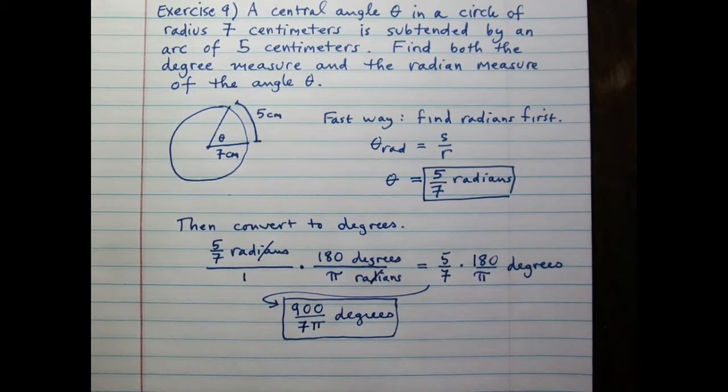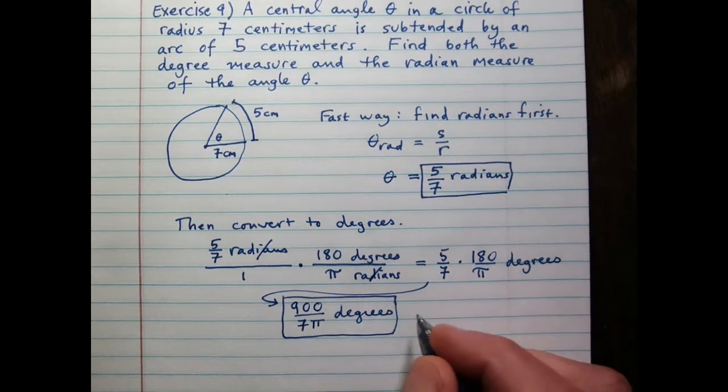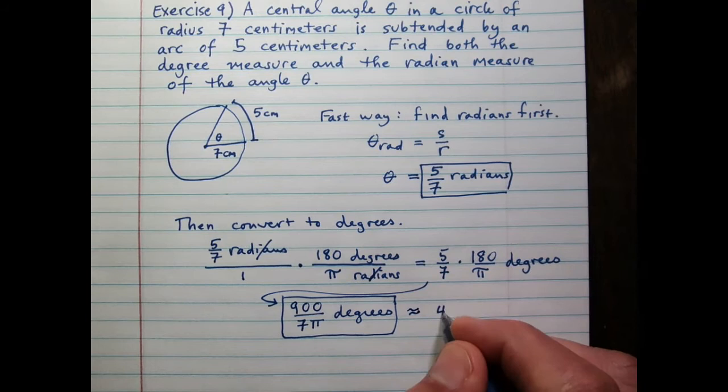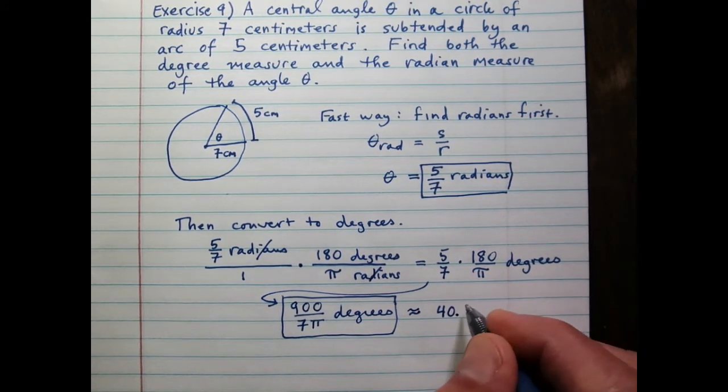And let's come up with a decimal value of degrees. 7 times pi. Okay, when I work through that, I'm getting that this is about 40.9 degrees.